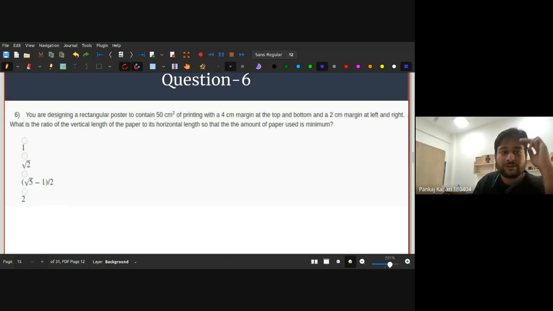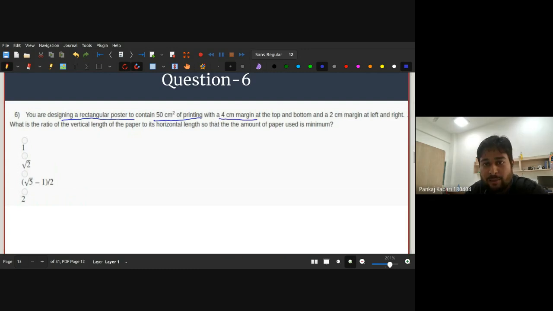It says that we are designing a rectangular poster to contain 50 centimeter square of printing. That area should be the printing area, and a 4 centimeter margin at top and bottom that we have to leave where there is no printing, and a 2 centimeter margin at the left. This is the situation.